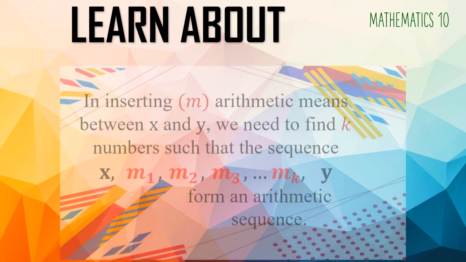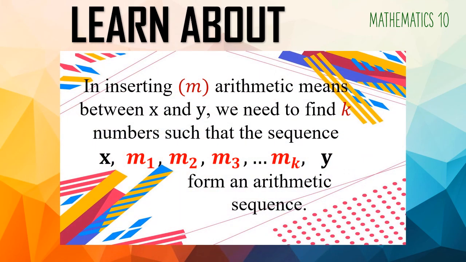Take note that in inserting arithmetic means between x and y, we need to find k numbers such that the sequence x, m sub 1, m sub 2, m sub 3 up to m sub k, and y form an arithmetic sequence.